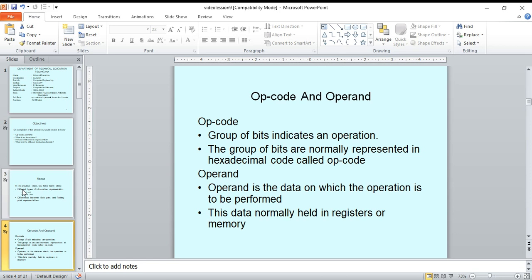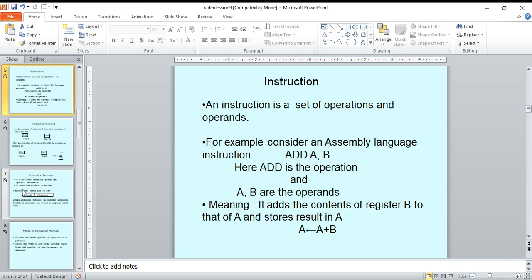Operand is the data on which the operation is to be performed. This data is normally held in registers or memory. While performing an operation on the data, we can access it either from the registers or memory. That is nothing but opcode and then operands.